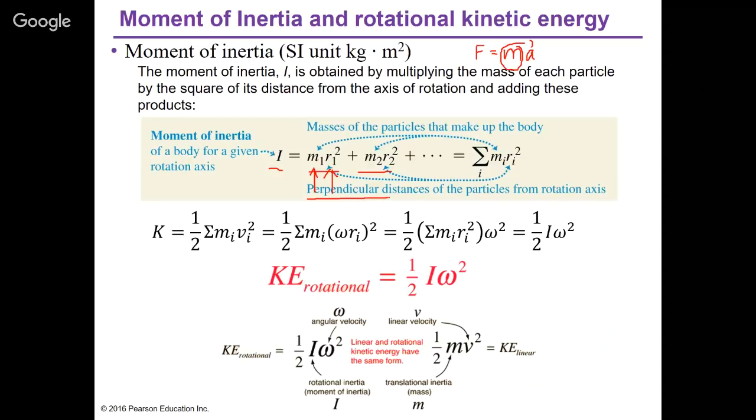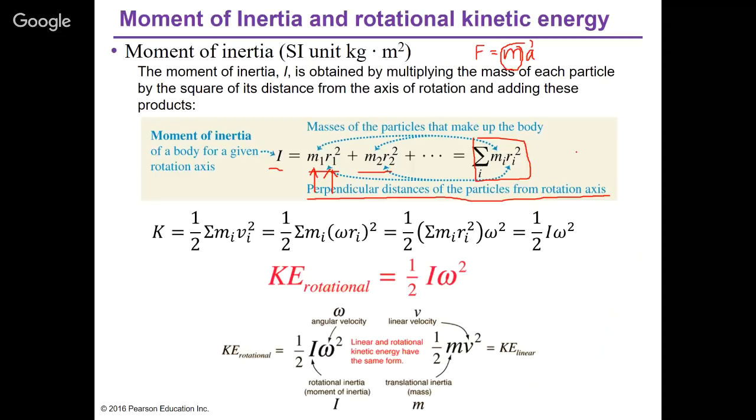Remember that the distance here is defined as the perpendicular distance of the particle from the rotational axis. That is the closest distance of this particle from the axis. You sum all of them up. The sigma over i means to sum all of these products up, and that gives you the moment of inertia of the system.